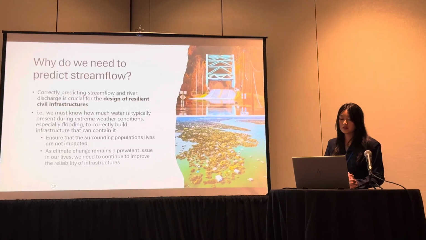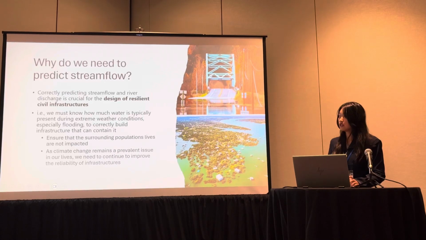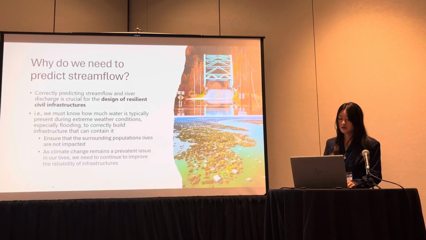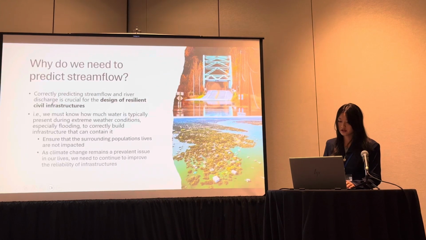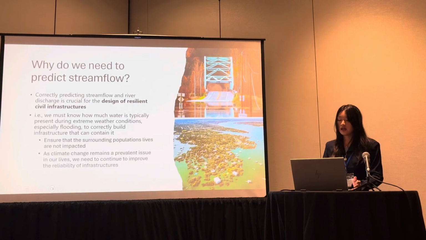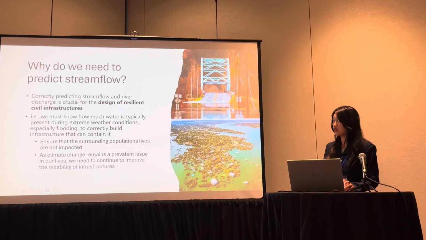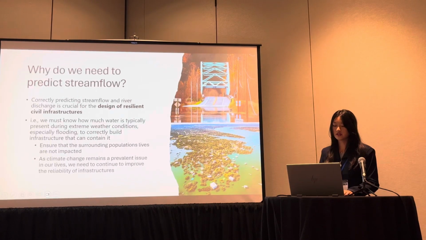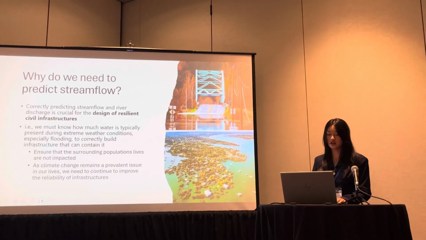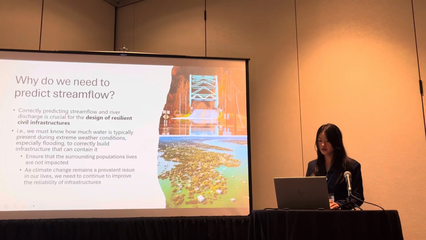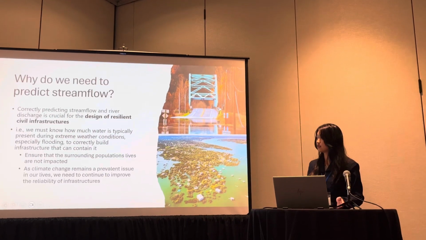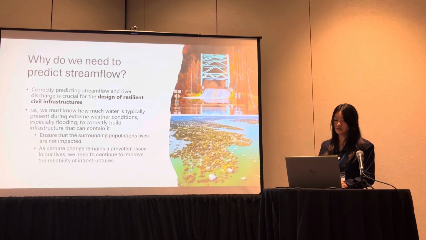Now, why do we need to predict streamflow? Correctly predicting streamflow and river discharge is crucial for the design of resilient civil infrastructures. For example, we must know how much water is typically present during extreme weather conditions, such as flooding, especially flooding, which directly relates to river discharge, to correctly build infrastructure that can contain it, and thus ensure that the surrounding population's lives are not affected.